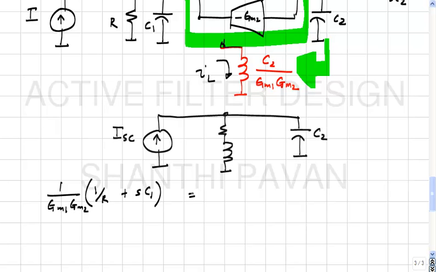So, this is nothing but 1 by GM1 into R times GM2 is the resistance plus SC1 by GM1, GM2. So, this is nothing but R, we call this R1 and L.